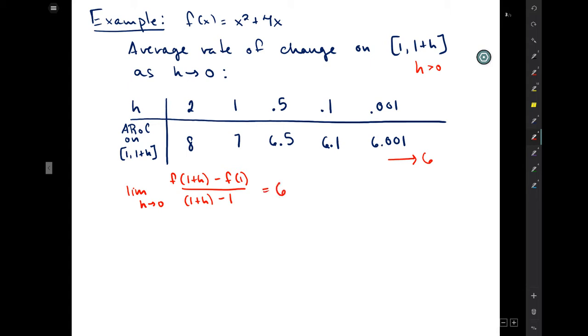That's what it looks like we're computing. Well, it turns out that this is actually what we're talking about today. This is actually the instantaneous rate of change.